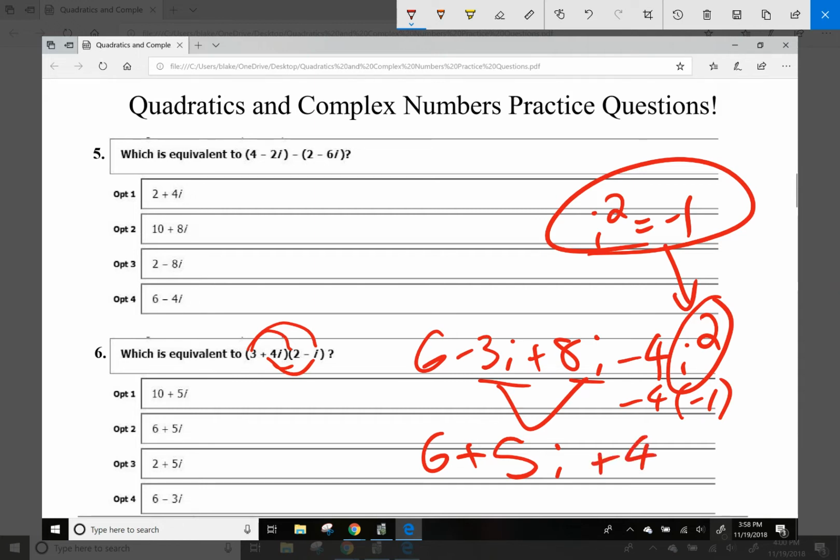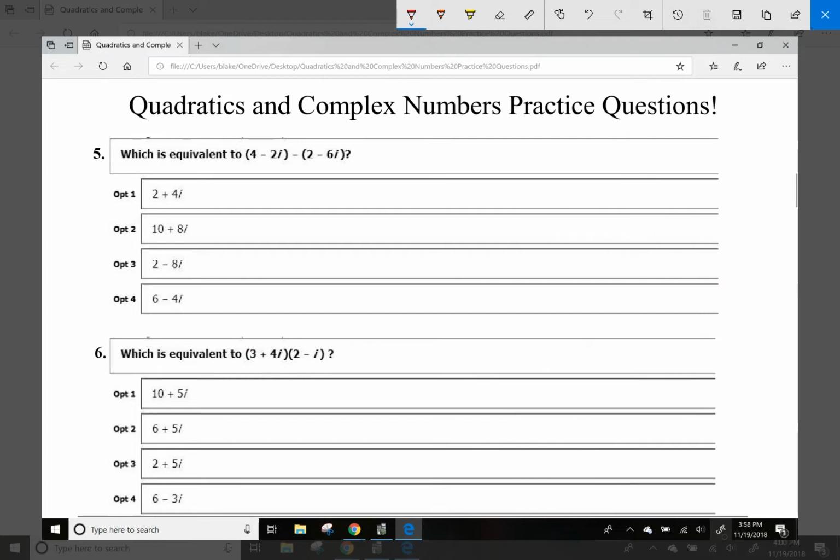There's no i left in this because we're converting it completely into a number. But it does change my sign from -4 to +4. So I've got 6 plus 4 that I can combine, and 6 plus 4 makes 10. So this would be 10 plus 5i as my final answer.